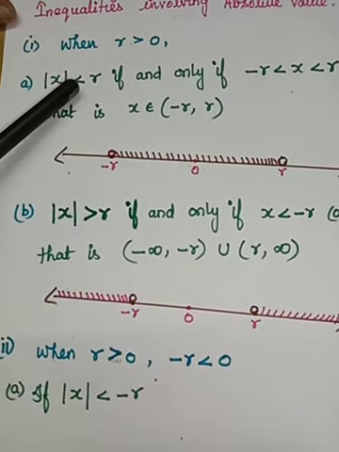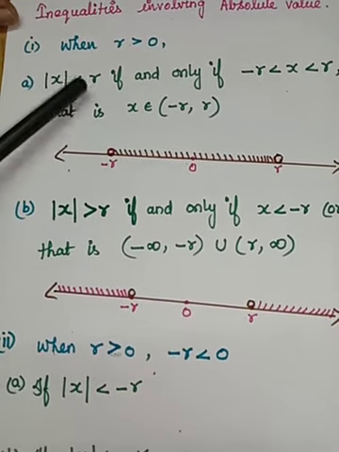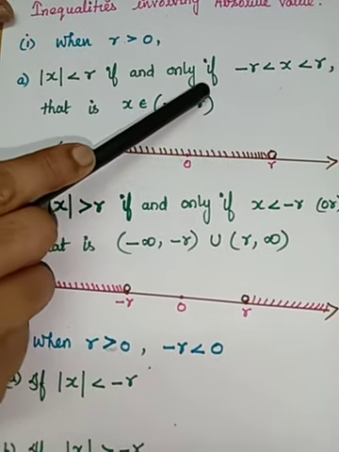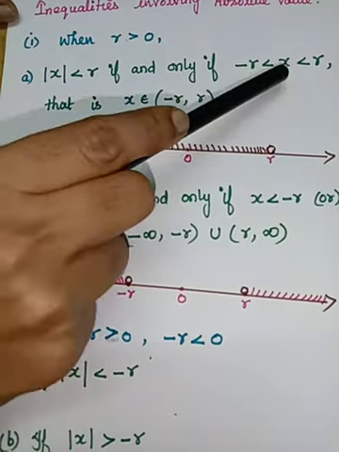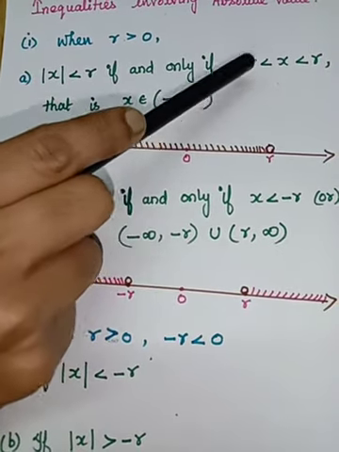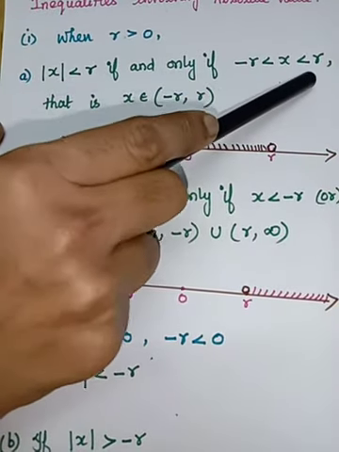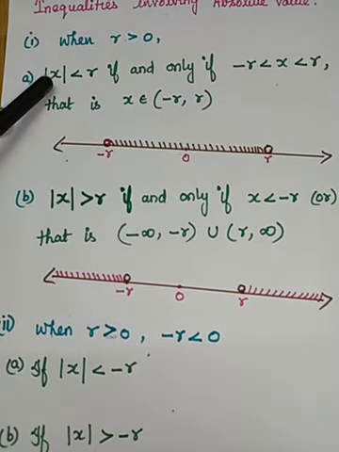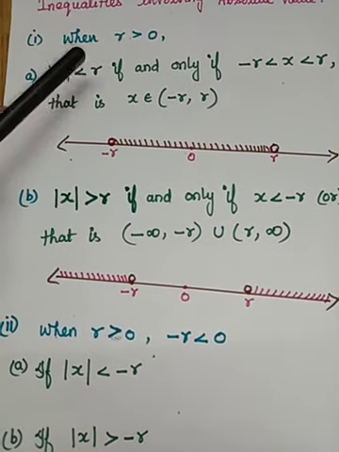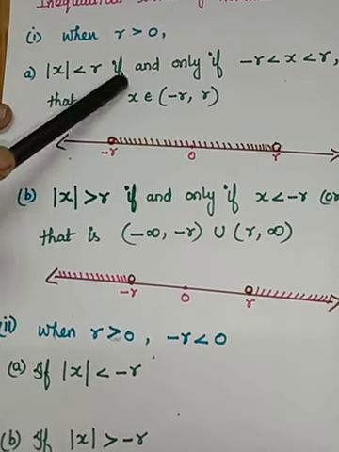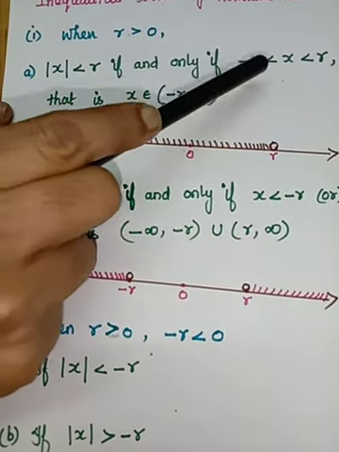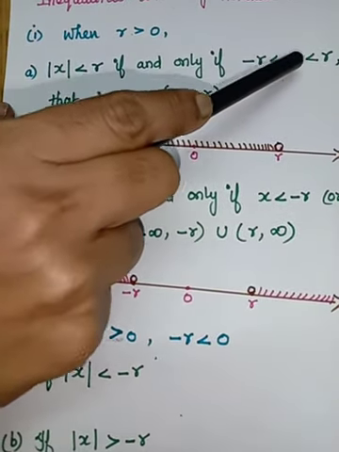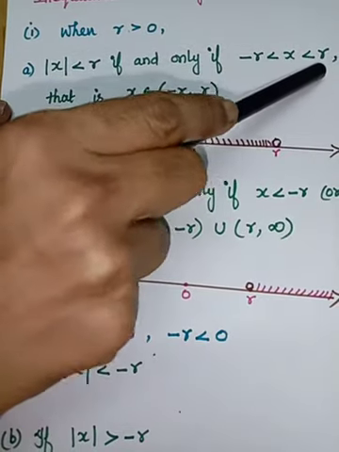Modulus of x less than r if and only if the x moves from minus r to plus r. See? The modulus of x less than r if and only if minus r less than x less than r.